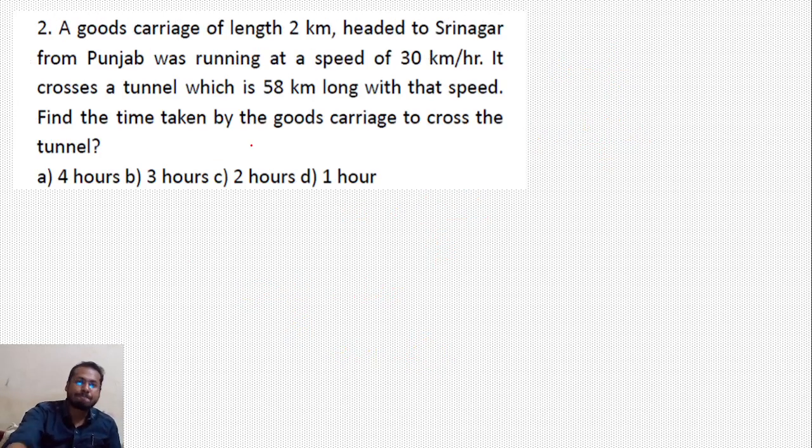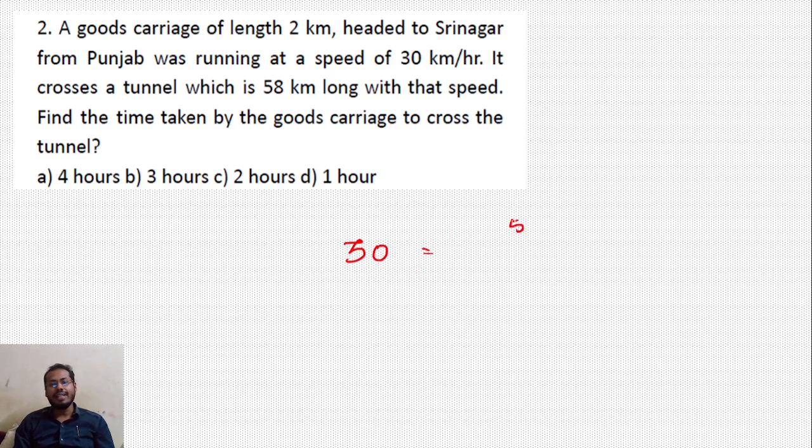Next question. A goods carriage of length 2 kilometer headed to Srinagar from Punjab was running at the speed of 30 kilometer per hour. It crosses a tunnel of 58 kilometer.